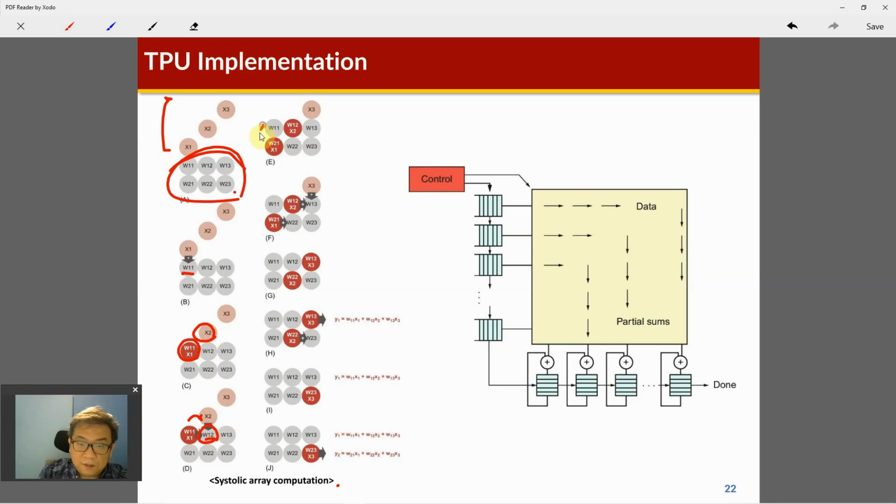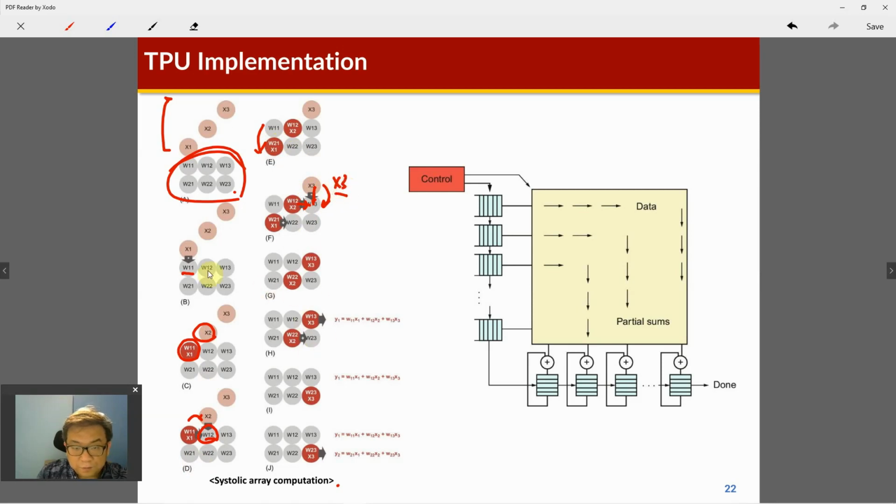And then this data is transferred to the weight w21, and also computed with the weight w21, and this partial result is also transferred to the neighbor, and computed with x3.